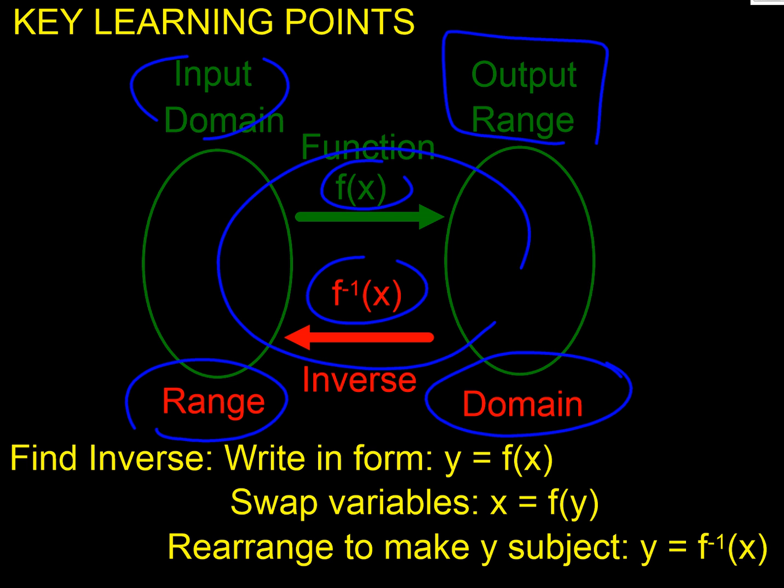So it's entirely circular, isn't it? And in order to find the inverse function, we write it in the form y equals f of x. Then we swap the variables, so we have x equals f of y, and then we rearrange so that at the end we have y as the subject, so y equals f minus 1 of x. There we go. Have fun.